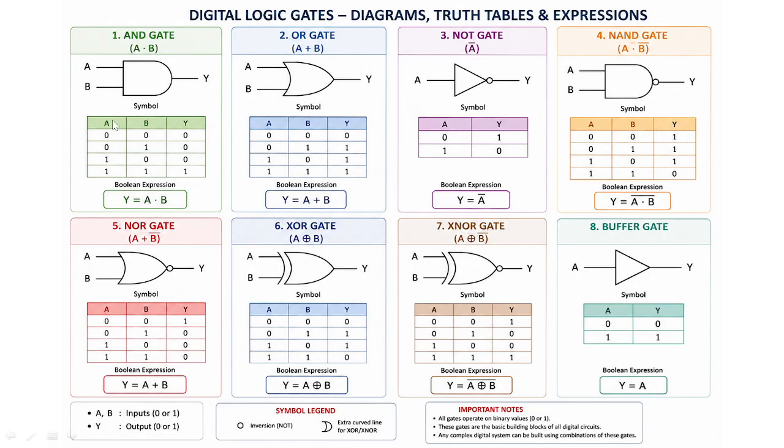Consider A as a father, B as a mother, and Y as a child. Okay, so in a family, when the father is not earning and the mother is also not earning, father is A, mother is B, right?